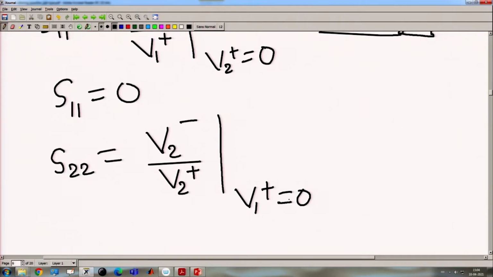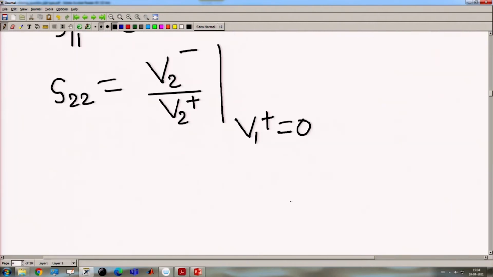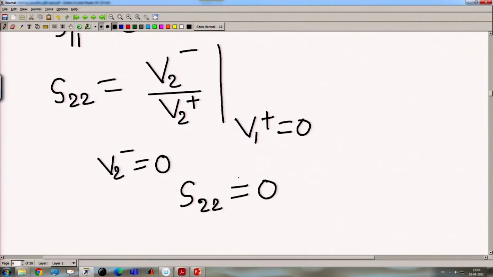Since there is no reflection from port 1 and the characteristic impedance of the transmission line is also Z naught, V2 minus equals 0. There will be no reflected wave from port 2, so S22 equals 0.